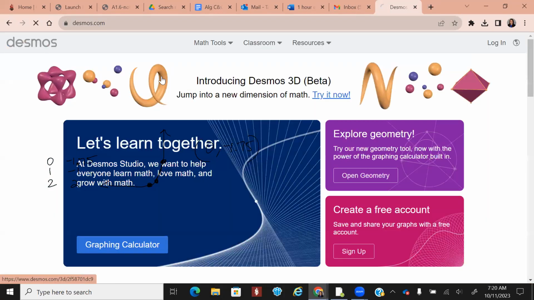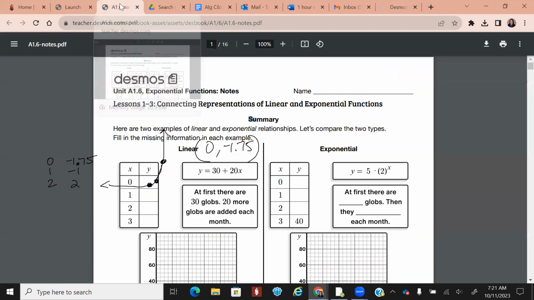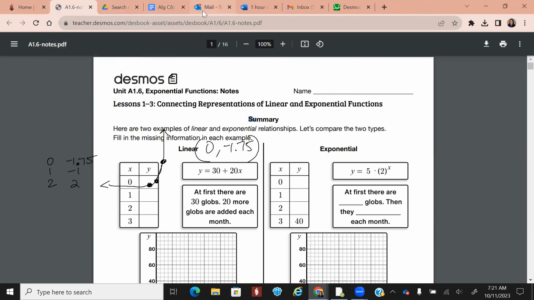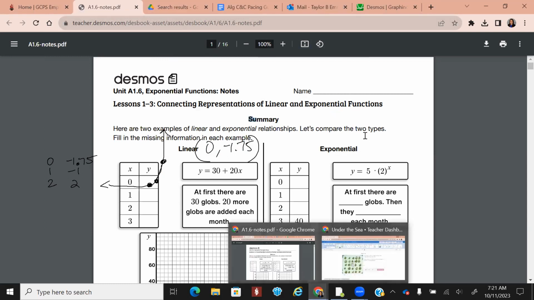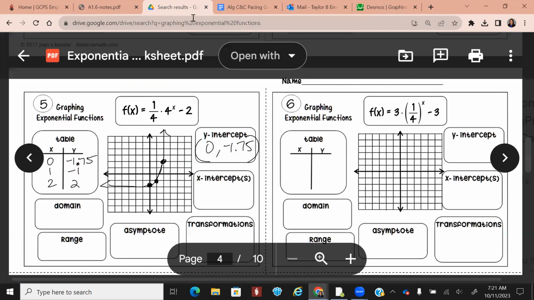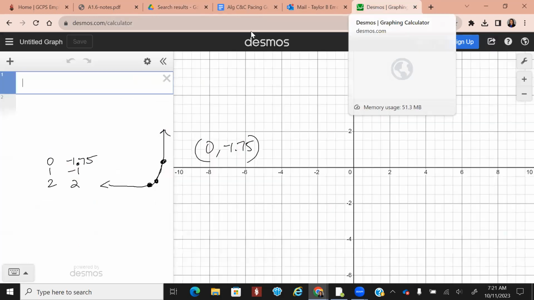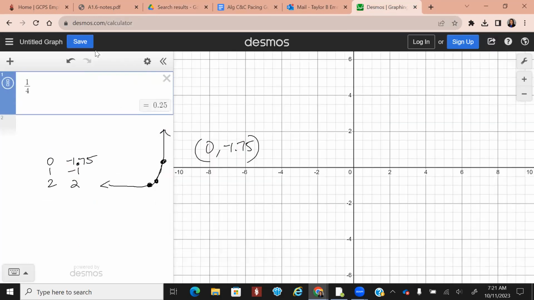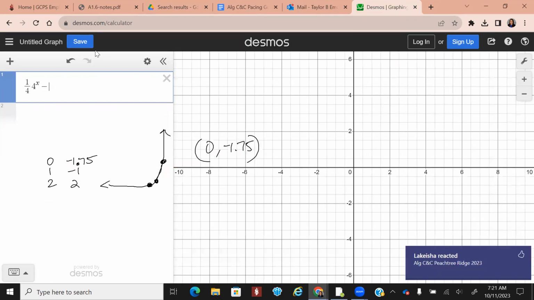So when you go into Desmos, I've got too many tabs open. All right then. 1/4 times 4 raised to the x, minus 2?